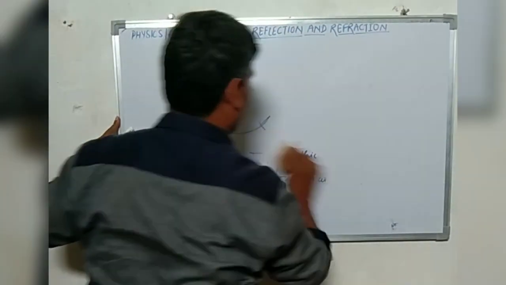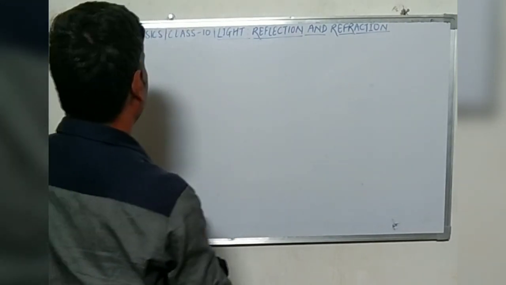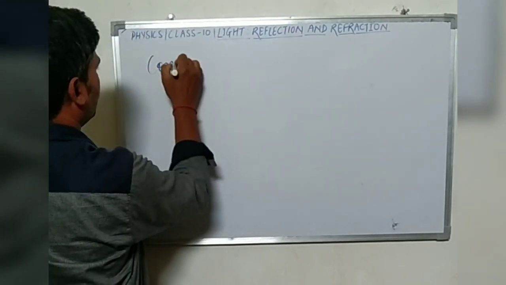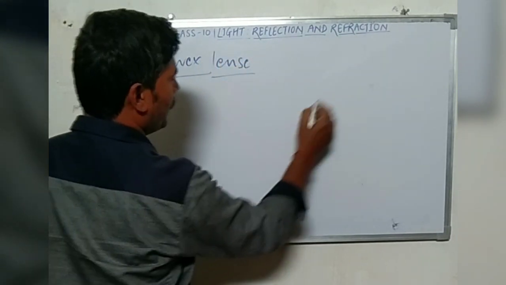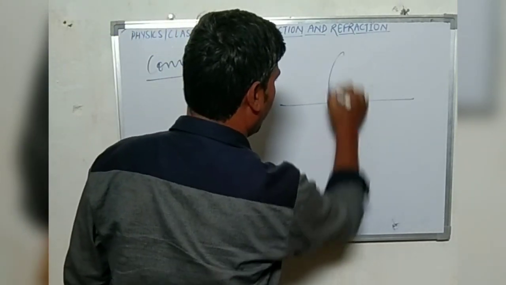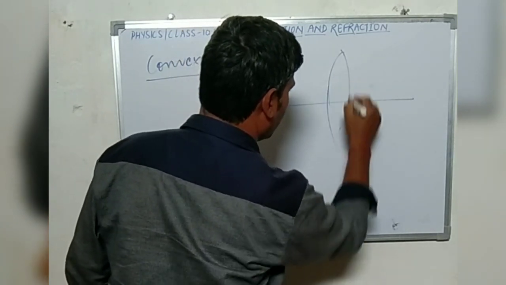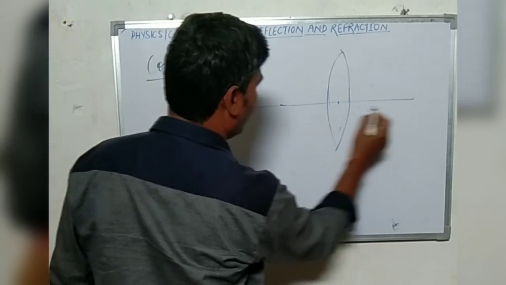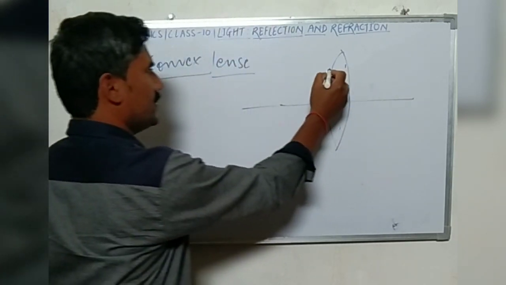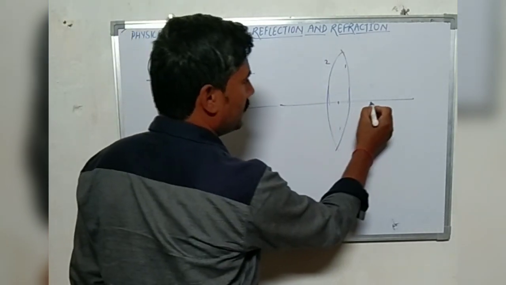The convex lens we have drawn here is basically a biconvex lens. Why is it called that? It is because it has two surfaces, suppose this one and this two, so each surface has a center.